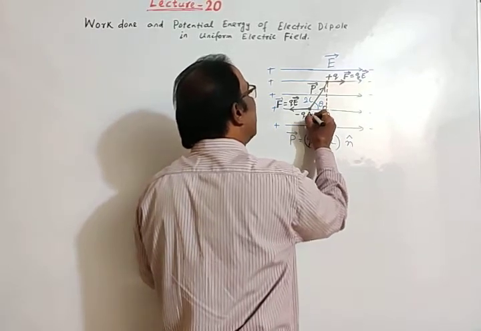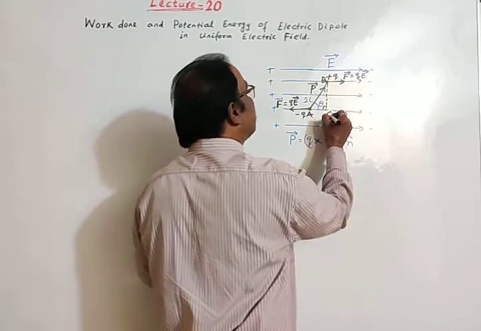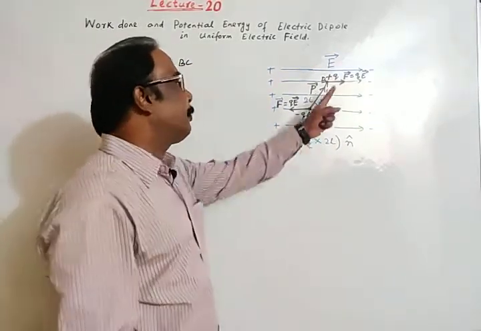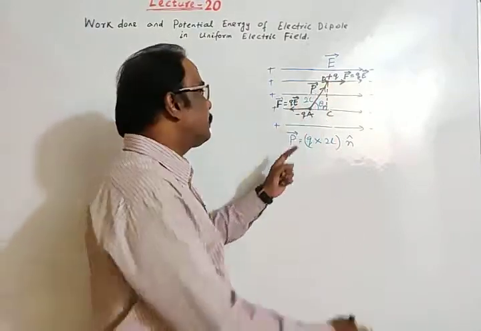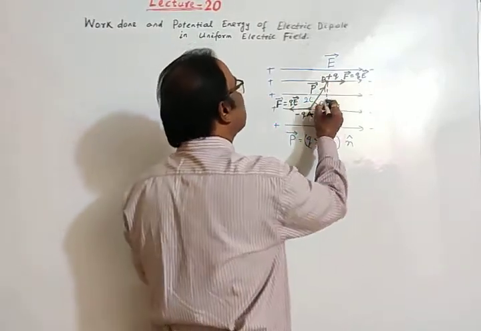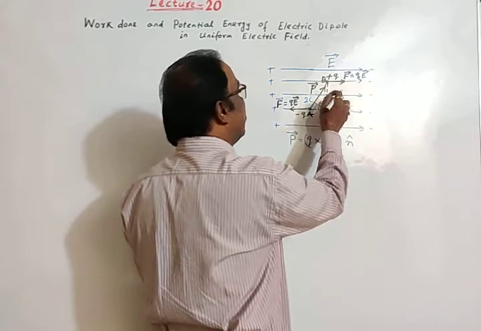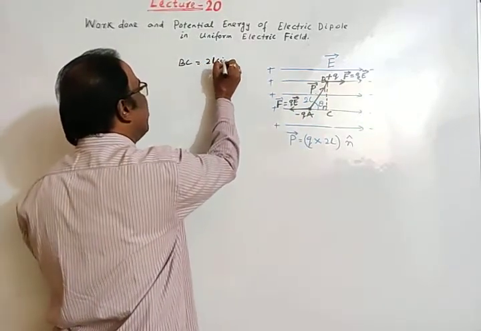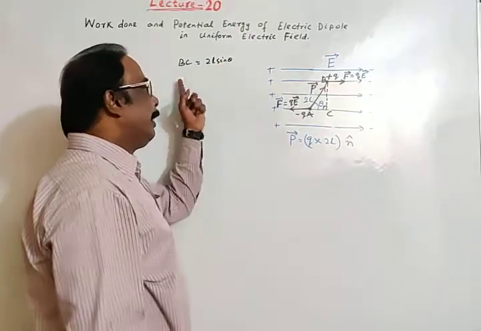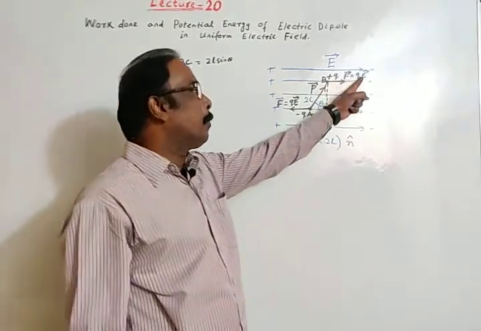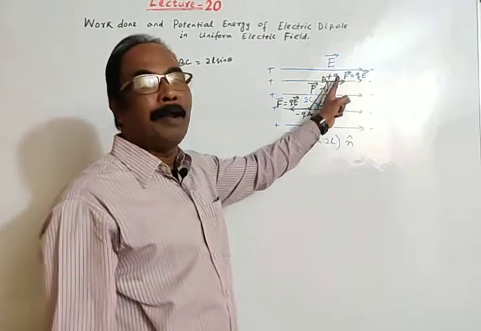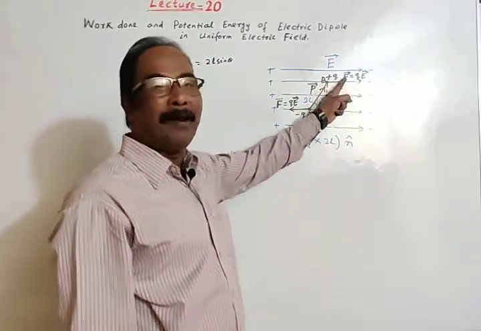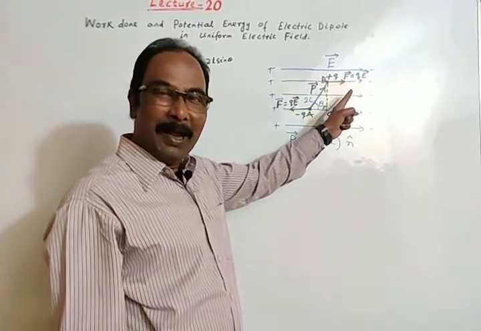Let's take this as A, this as B, this as C. Then BC is the perpendicular distance between these two equal and opposite forces, and we have discussed that if this is 2L and this angle is theta, then BC is 2L sin theta. Accordingly, torque is the magnitude of one of the forces times the perpendicular distance between the forces. So this couple will experience a torque.